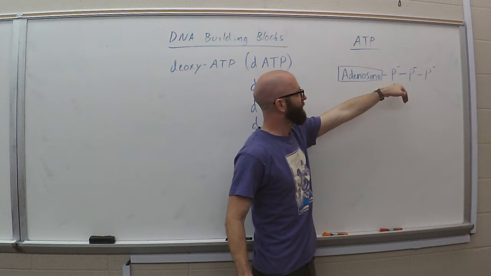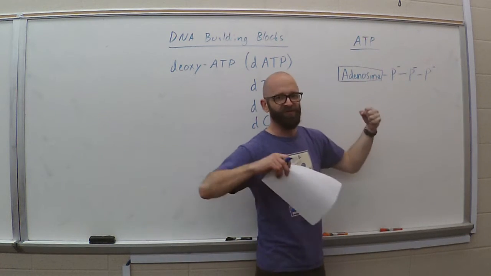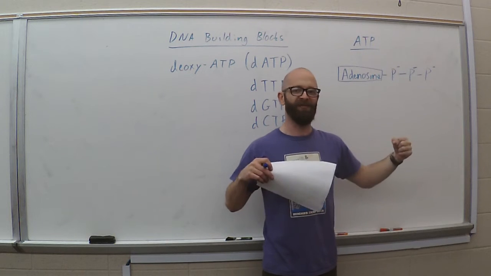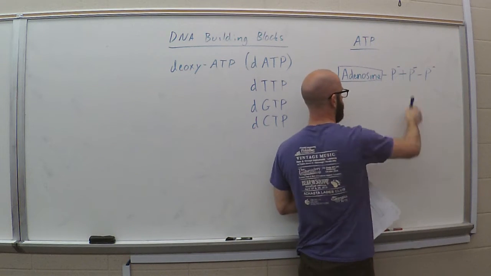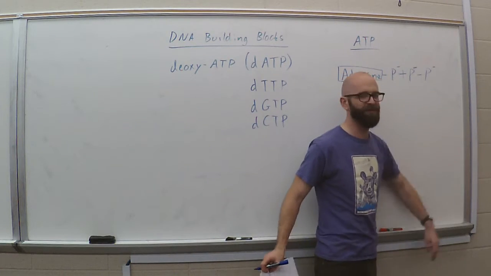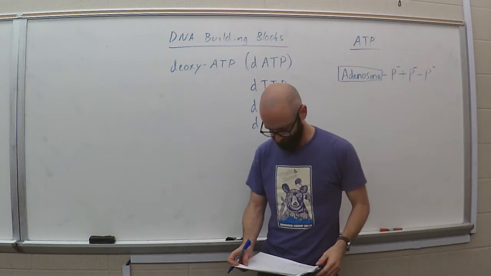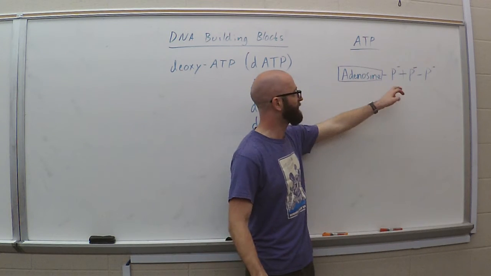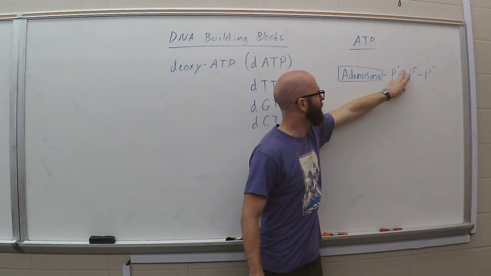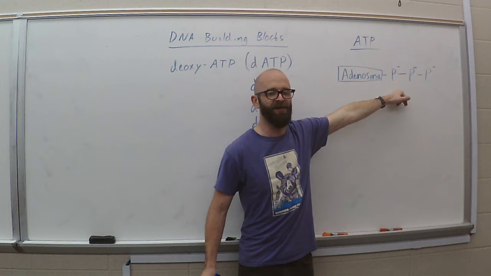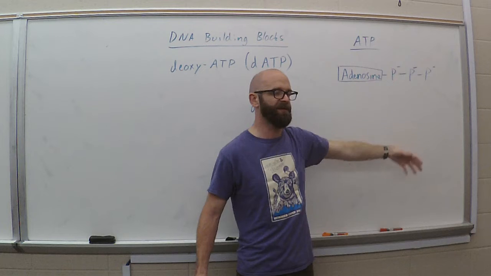But you can see, you've got all these negative charges bound together real tightly. They're repelling each other. And so if you just clip that bond right there, then these two would just shoot off and it would release a lot of energy. And you only need one of these phosphate groups in the finished structure of ATP.